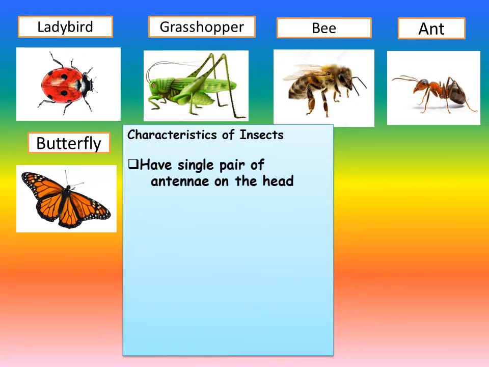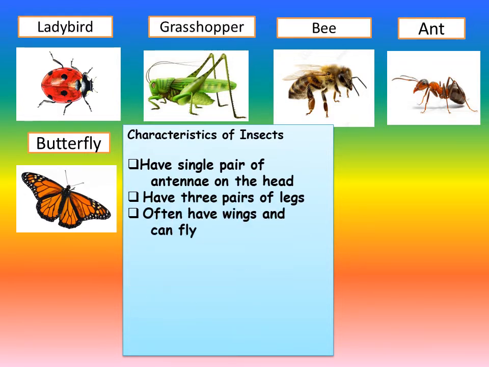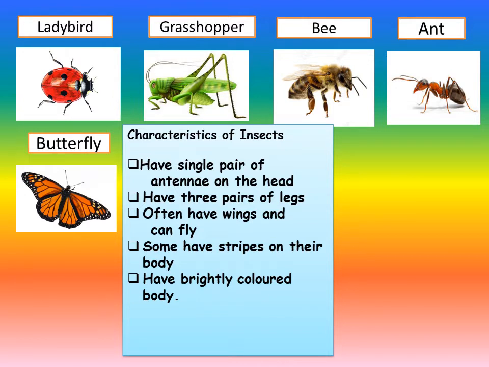First, they have a single pair of antennae on the head. Second, they have 3 pairs of legs. Third, they often have wings and can fly. Fourth, some have stripes on their body and have a brightly colored body. The last one, some have hard shells on their body.